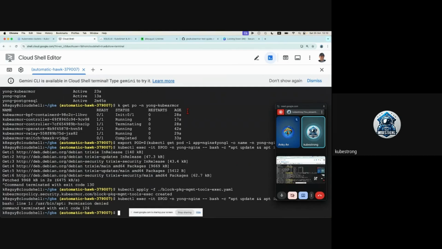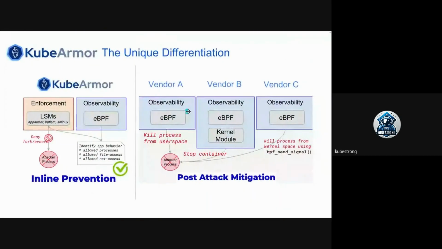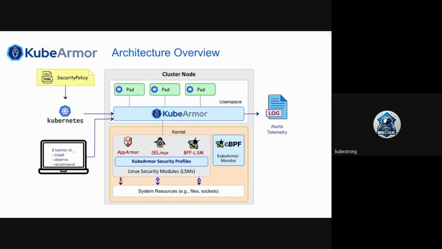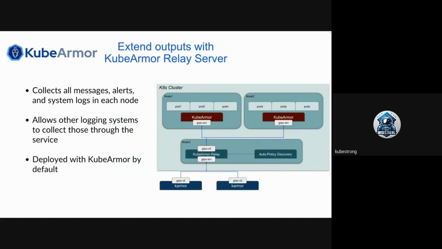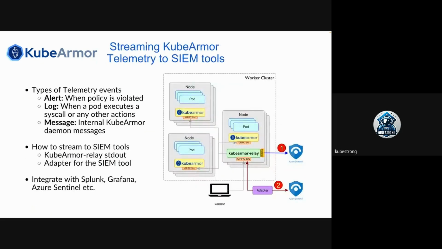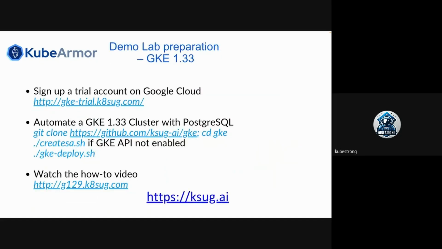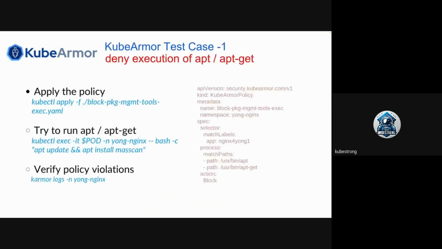If you're interested to see how the policy looks, it includes more information like supported metrics and the architecture, and you can even stream the logs to integrate with other SIEM tools, for example Splunk, Grafana, or Azure Sentinel. Let me jump to here.